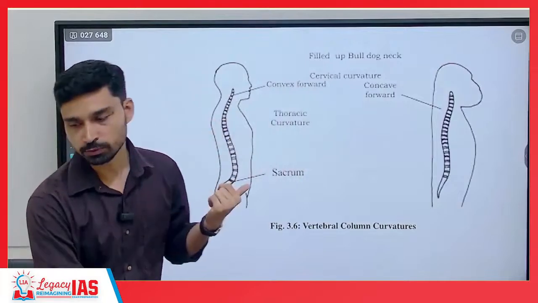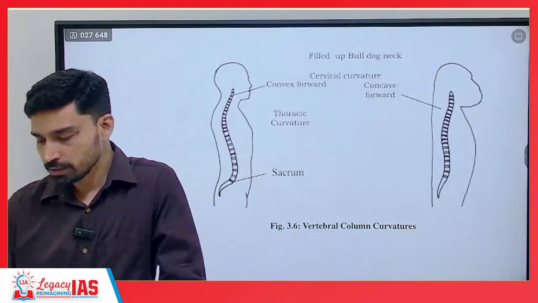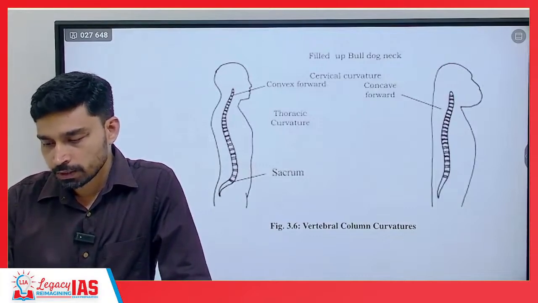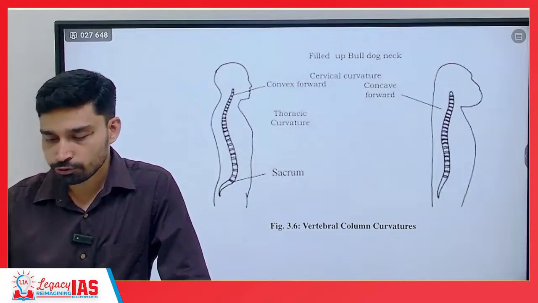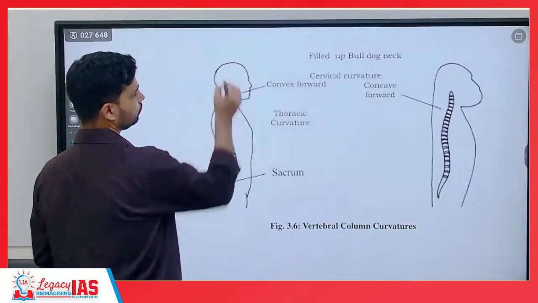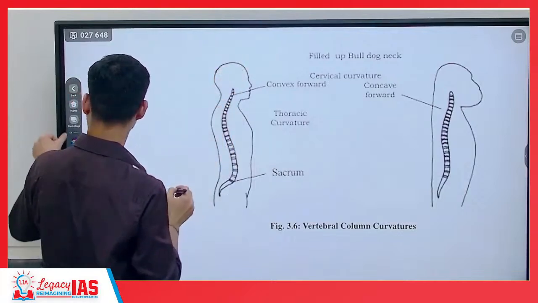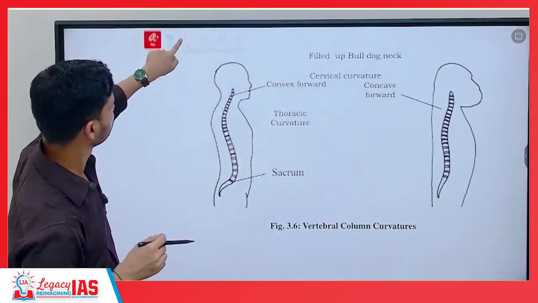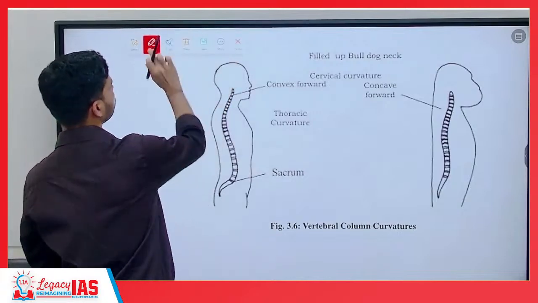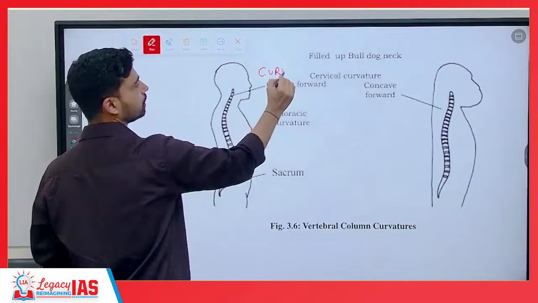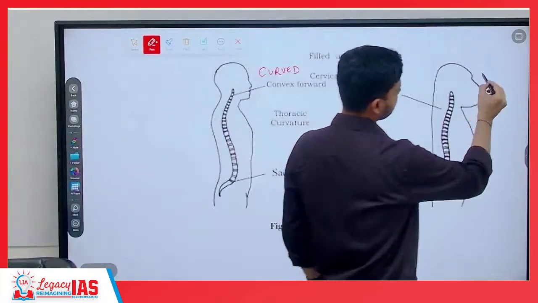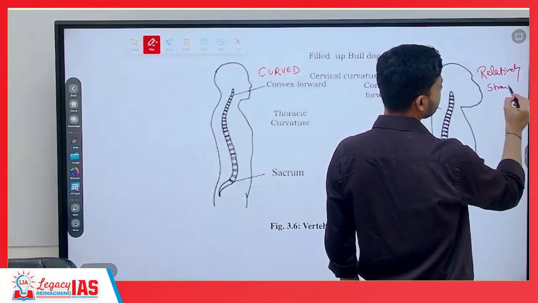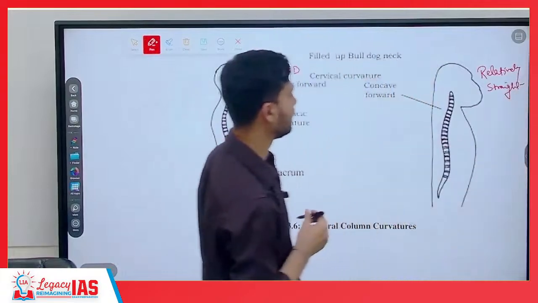So that is the first difference we can note. The human spinal column is curved, while in apes it is relatively straight. Not perfectly straight, but relatively straight.